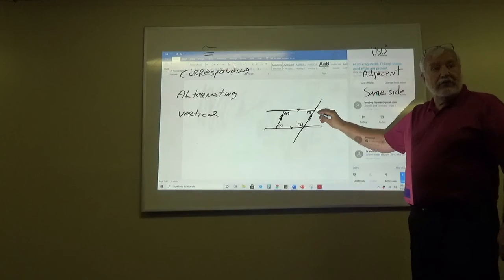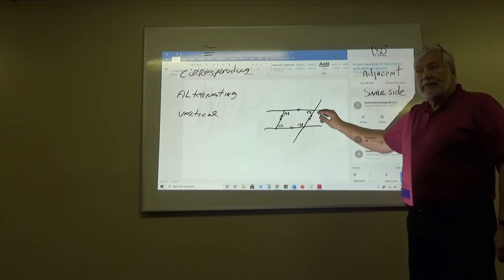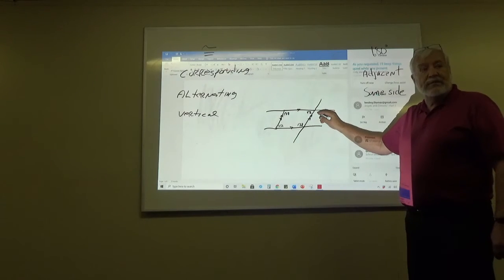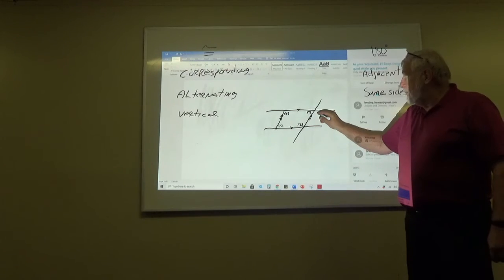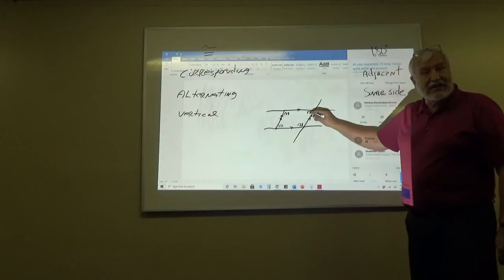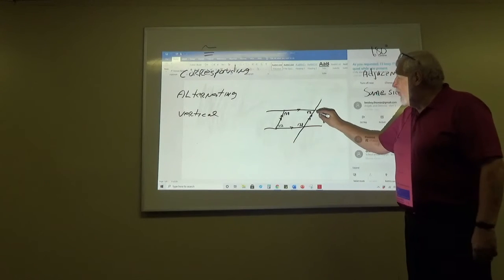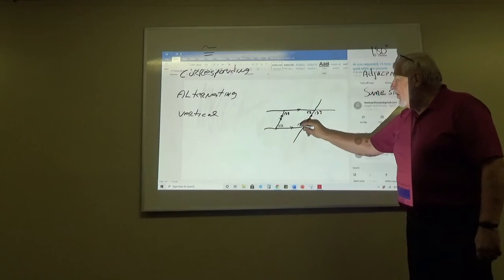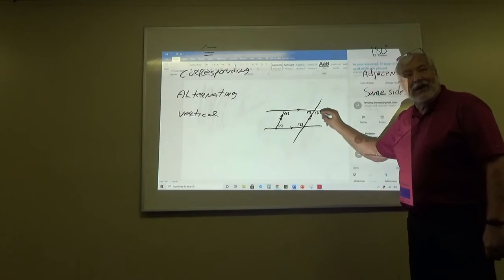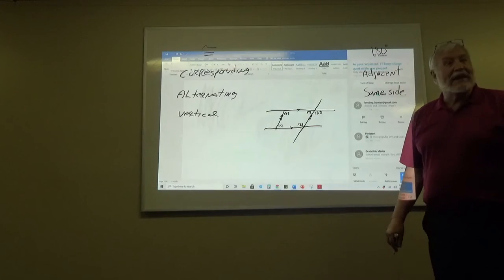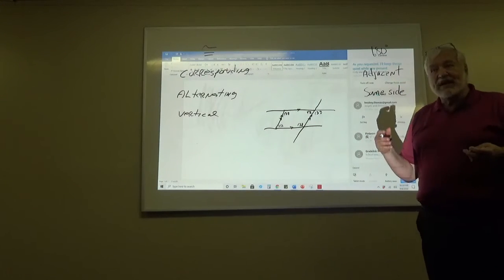Now, what is the measurement of this value that I'm pointing at? 138. Why? Because these two are adjacent angles, or they are alternating interior angles. That's how the vocabulary works.